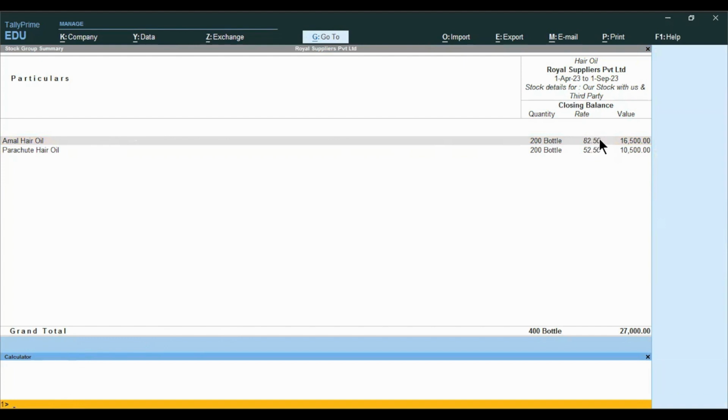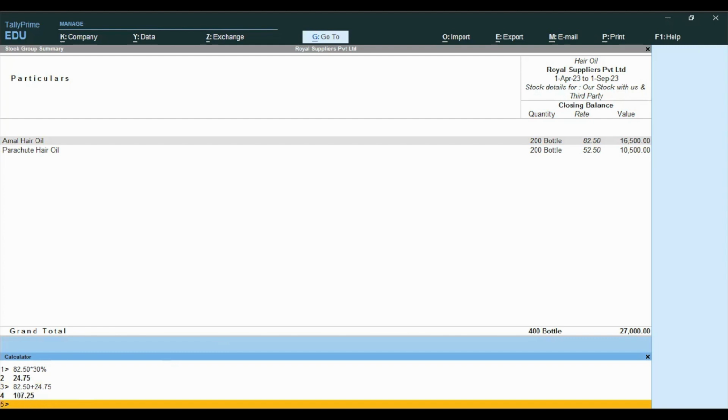So what will be my rate per bottle for selling purposes? So what I will do: press enter, 82.50 into how much percent of profit we need, 30%. So the amount will be 24.75. This profit amount should get added to the cost of goods purchased. So 82.50 plus 24.75, so 107.25.